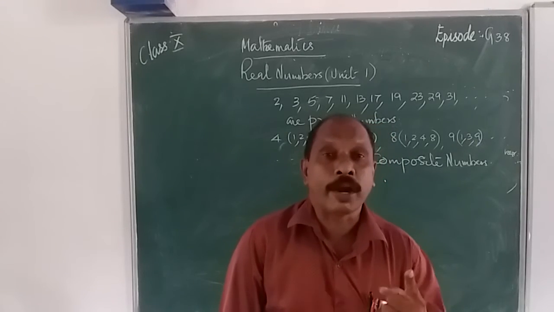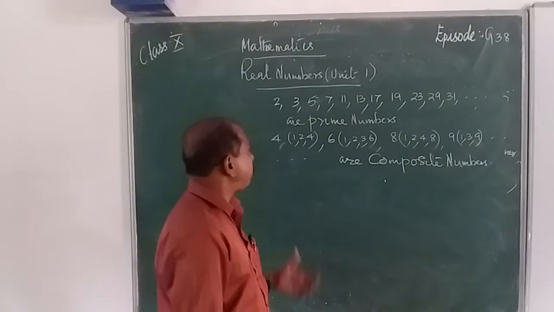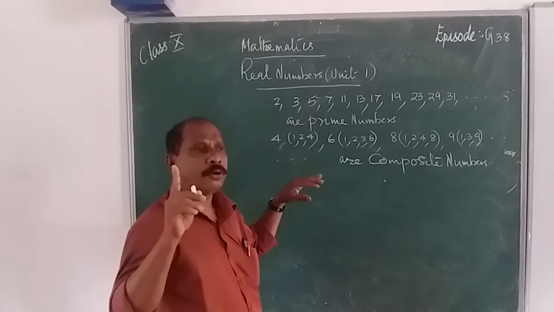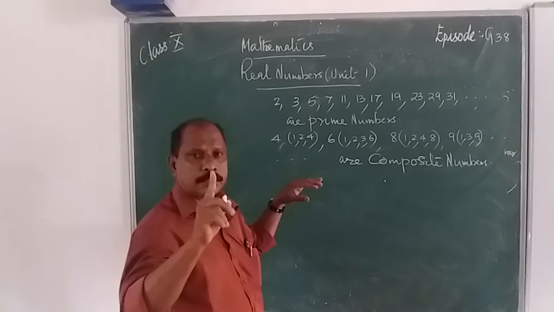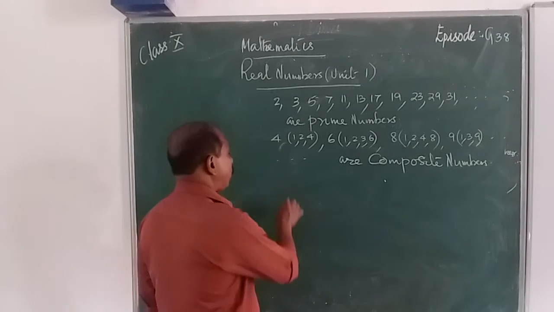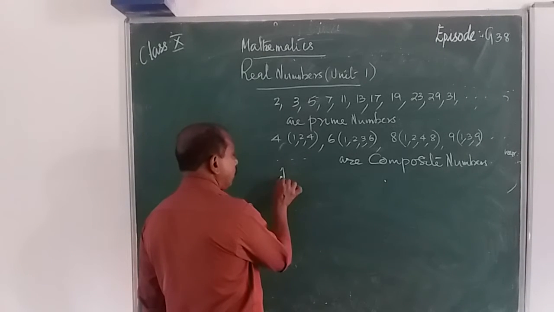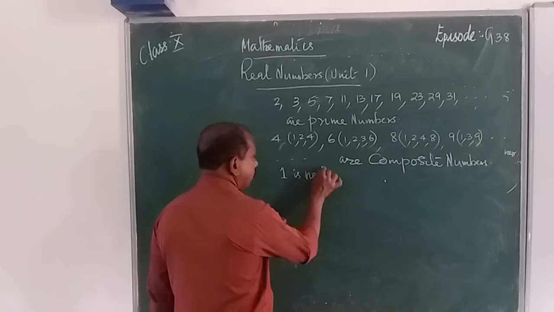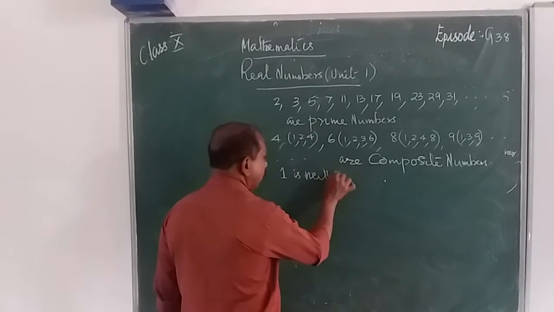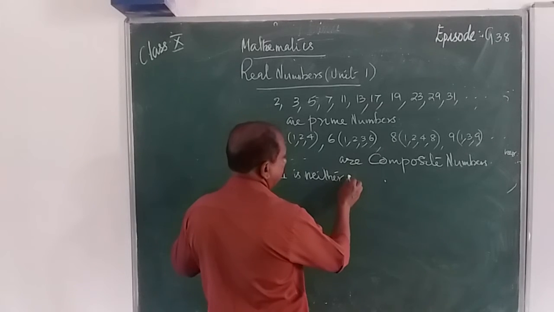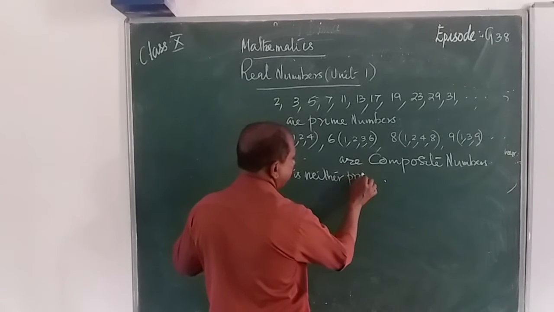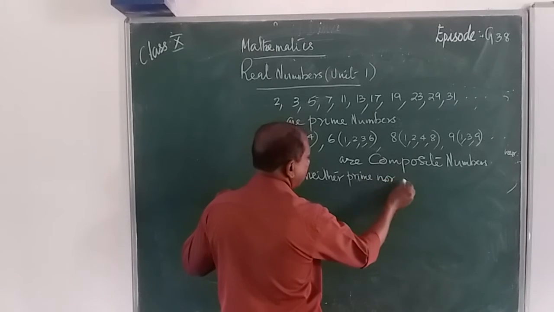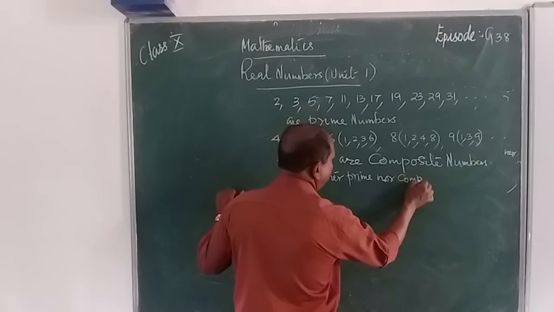Okay? Then what is 1? 1 is not prime. 1 is not composite, because there is only one factor, 1. That is the unit number. Therefore, 1 is neither prime nor composite.